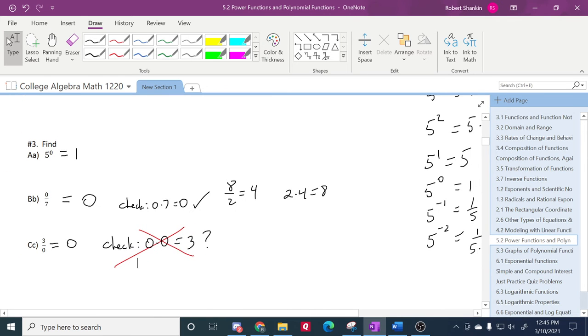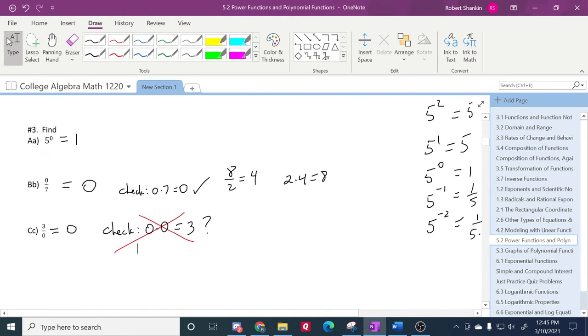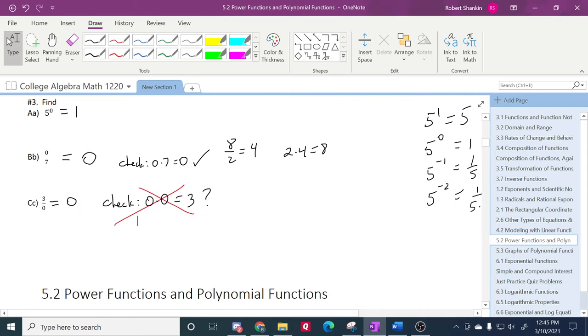Consensus is, although people are getting it, it's still a good and helpful review. So I'll continue to put those kind of things in. All right, that's it for the practice quiz. Questions on homework or on anything else?